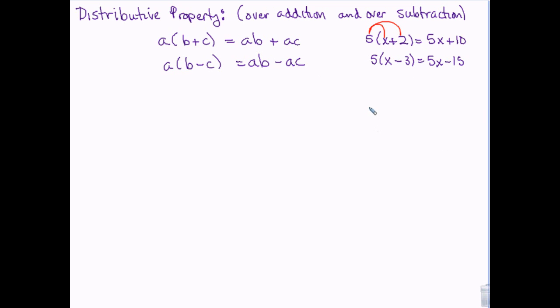All right, so we've done commutative, associative, distributive. The next thing we have is identity. And there are 2 of them. We have the identity property of addition, and we have an identity property of multiplication.